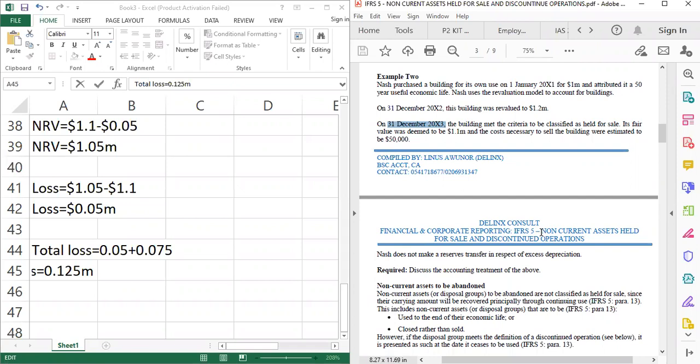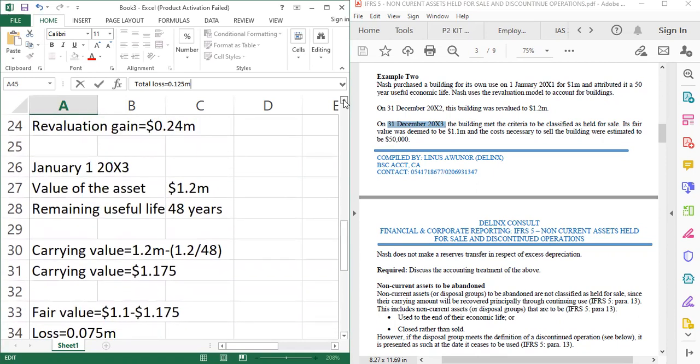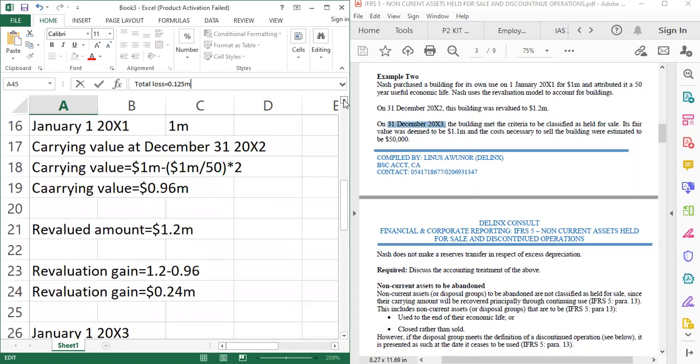So you have to calculate the carrying value, and we have calculated that. The carrying value of the asset was 0.96. We compare with this. If you compare the difference, you see that the entity is going to recognize a revaluation gain of 0.24. This will be sent to other comprehensive income.